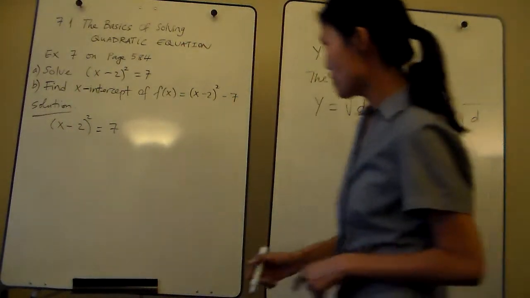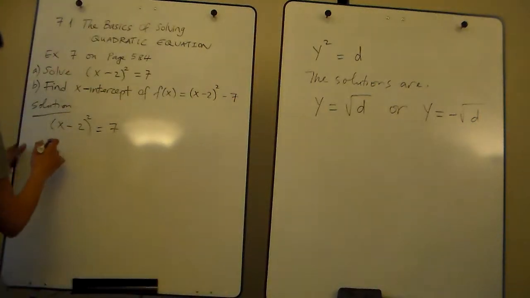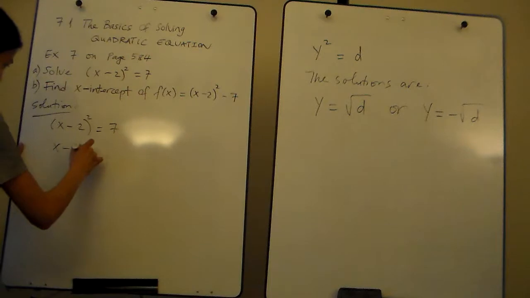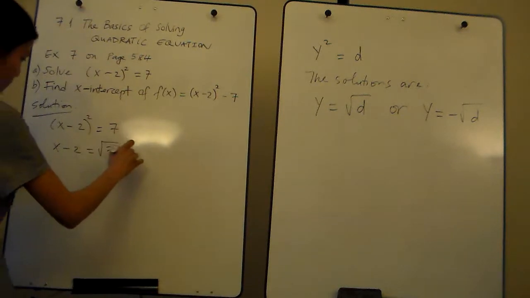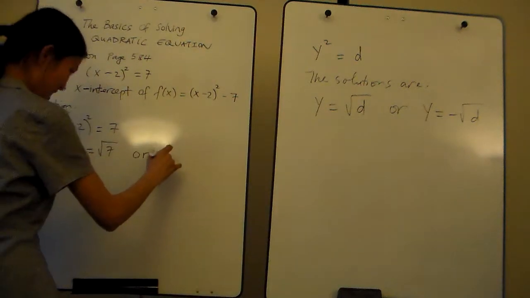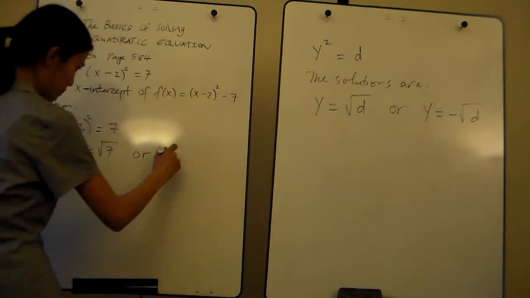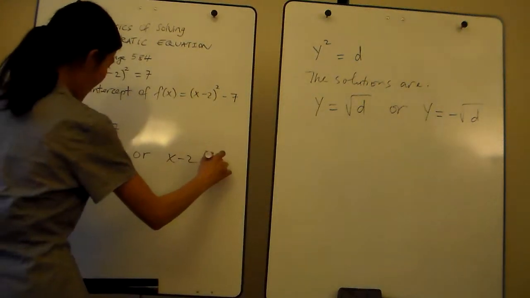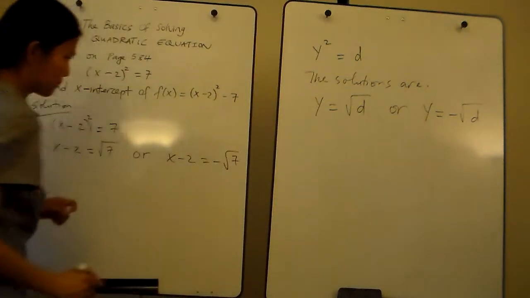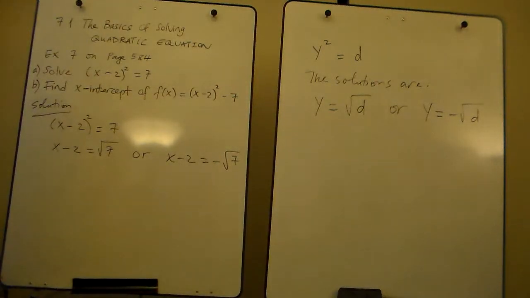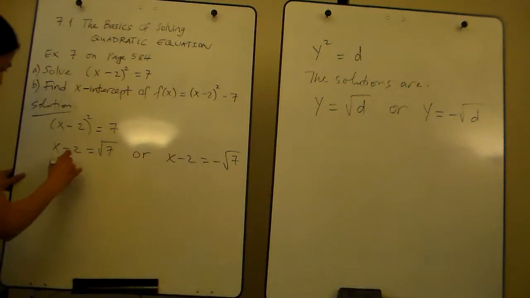So the solutions you can solve for are: d, which is x minus 2, equal to square root of 7, or x minus 2 equal to negative square root of 7. And so for x, you're adding 2 on both sides.